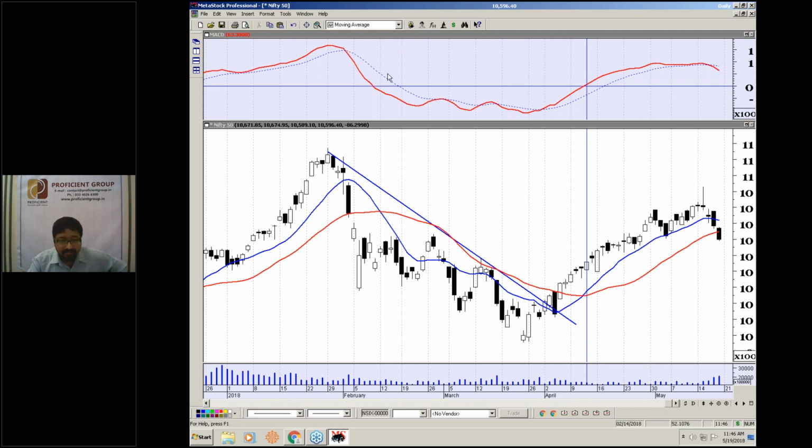And we also have a dotted line in blue, and this dotted line is actually a derivative of the MACD line, right? This dotted line is actually the 9-day exponential moving average of the MACD line itself. So we are trying to make the MACD line smoother.